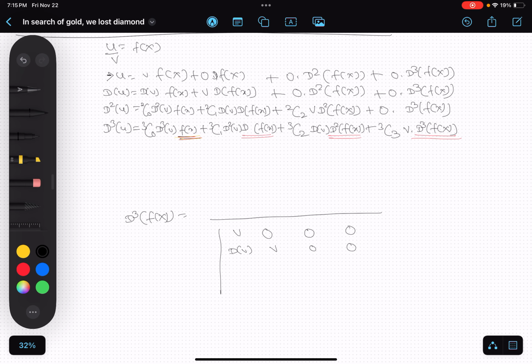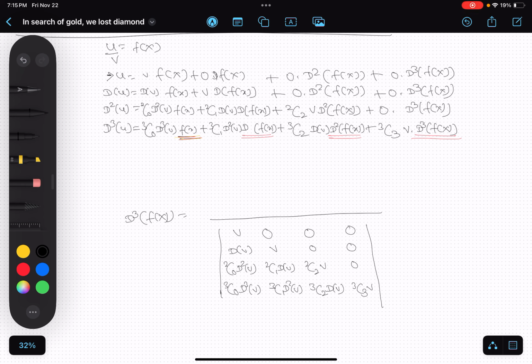So 2c0 second derivative, 2c1 first derivative, 2c2 zeroth derivative, 0. So 3c0 third derivative, 3c1 second derivative, 3c2 first derivative, and 3c3 no derivative.